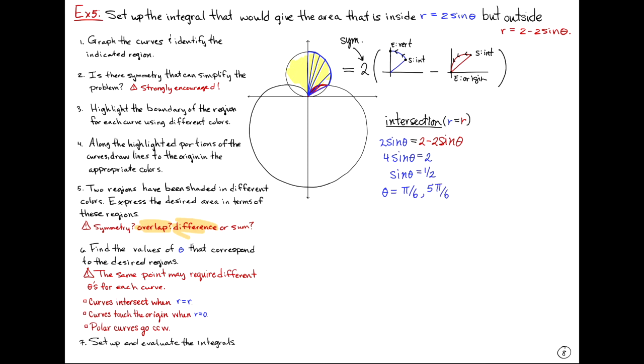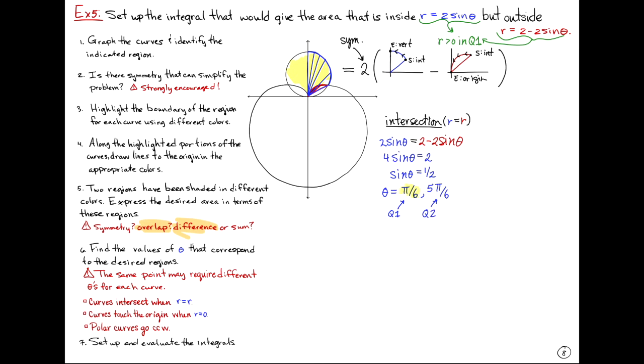Since we're restricting ourselves to the first quadrant, we only want the theta value that falls in the first quadrant. Since both of these curves are going to be positive when we're in the first quadrant, we don't have to worry about opposite angles, which means that theta equal to pi over 6 lies in the first quadrant, and 5 pi over 6 lies in the second quadrant.